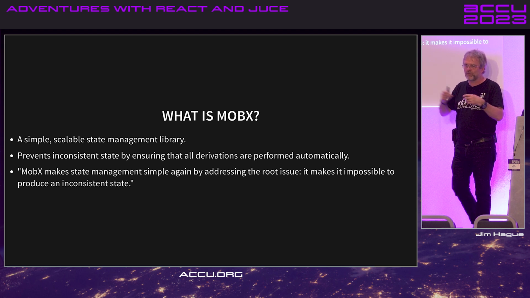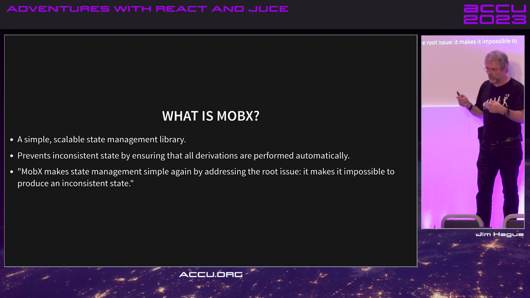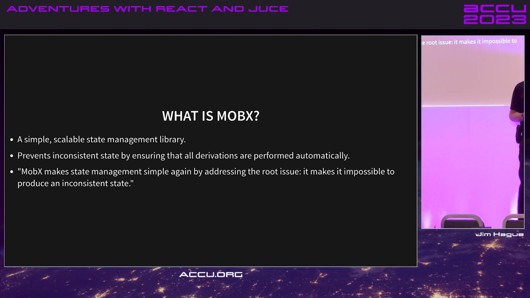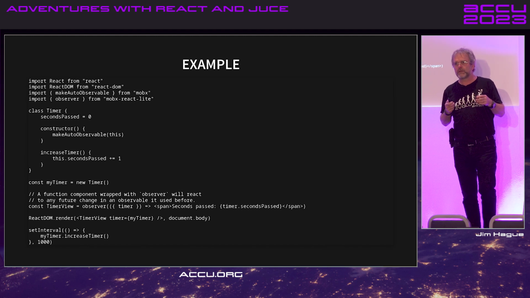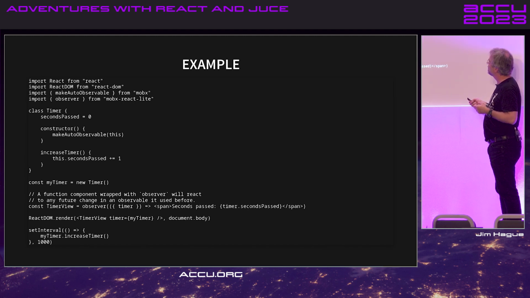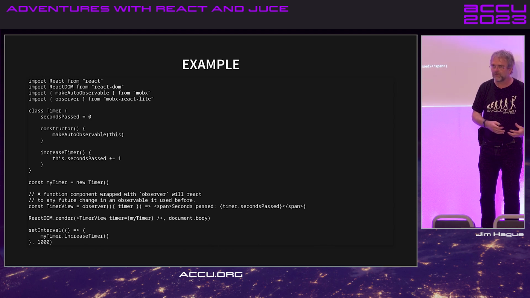But it will make sure that they get called at the right times, so your state is always consistent. And it's used in React combined with, well, for us certainly, MobX React-lite, something that hooks MobX into React.